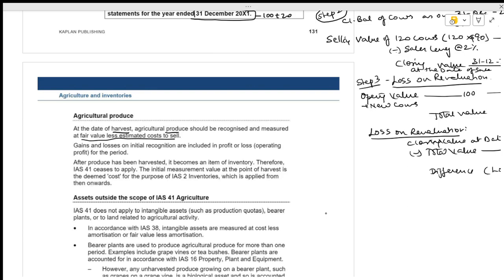We are selling dates, wheat, vegetables. Definitely we are giving some commission, in some cases discounts, and there will be sales taxes and levies. Whatever the means, in substance, it says that we have to measure at net realizable value.